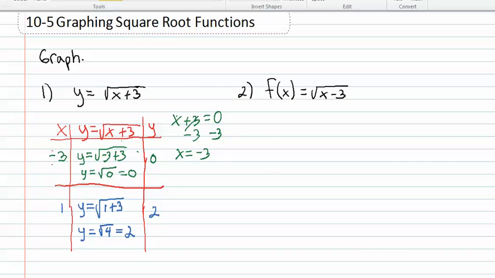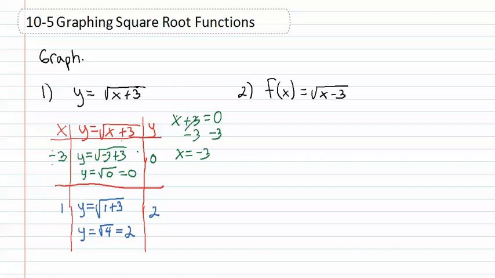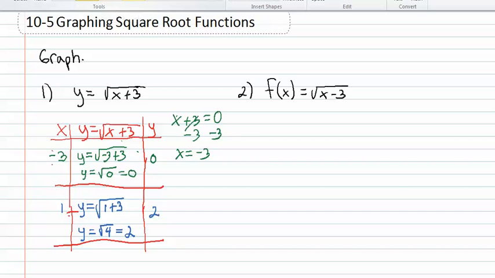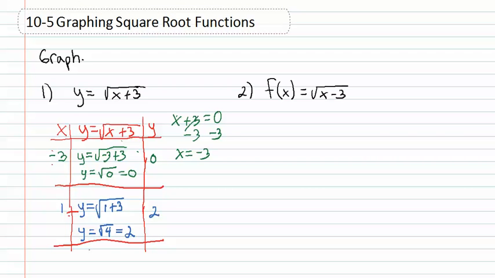And then the last one, we need to come up with one more, because I want to have at least 3 ordered pairs. Alright, so now, what's another perfect square? How about 9? Is 9 a perfect square? It is. Can I do something plus 3 to get 9?